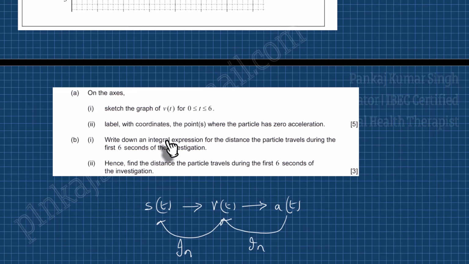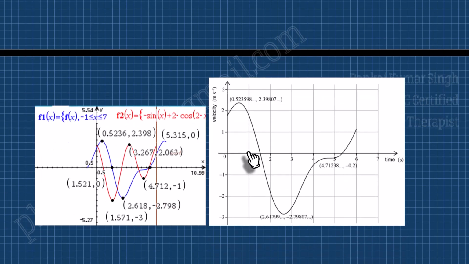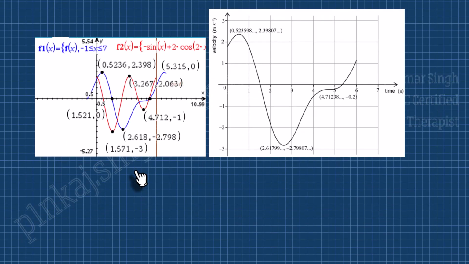All right. Now, label the coordinates, the points where the particle has zero acceleration. What does it mean that the point has zero acceleration? These are the points where the differentiated function is zero. So you can do that on the calculator, which we have already done, and which is this. dy by dx equal to 0, and another point where dy by dx equal to 0.